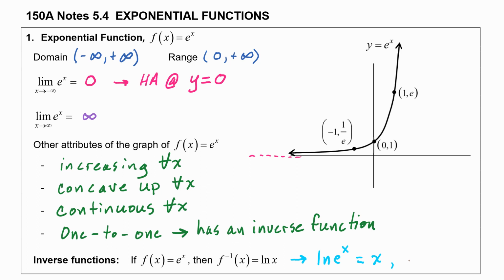And likewise, if we take e and raise it to a power of natural log of x, those two functions will undo each other, and that's also equal to x. Remember that a function and its inverse undo each other.